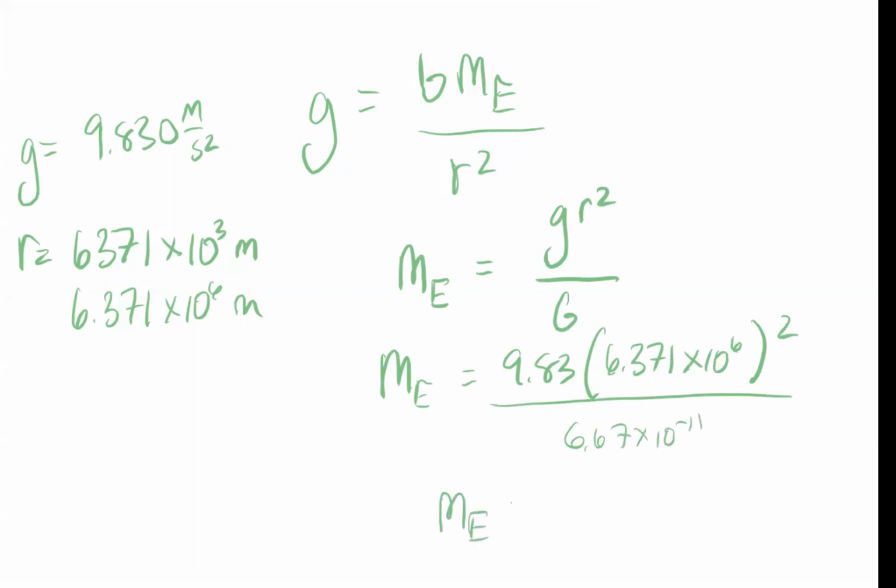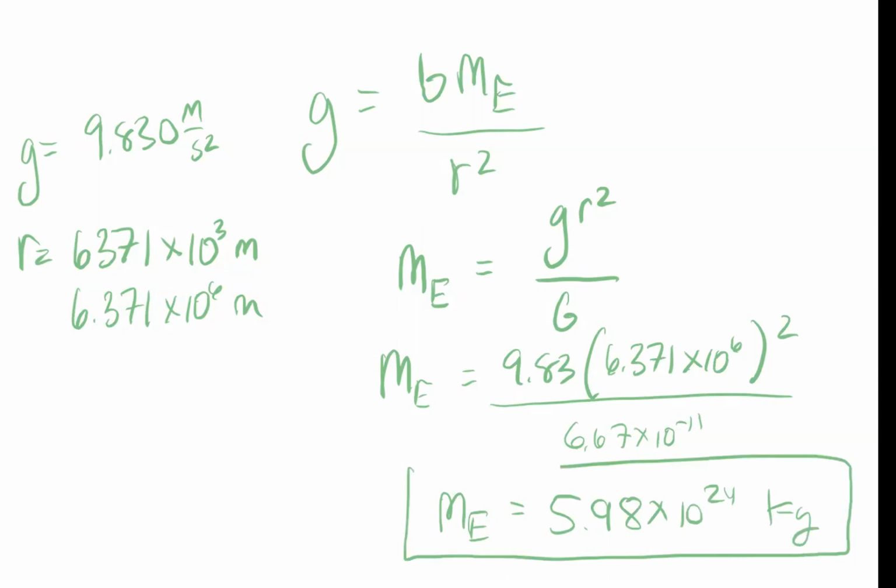And the mass of the Earth comes out to be, oh, it was close to what we think it is, 5.98 times 10 to the 24th. So we did good with our data. Does anybody have any questions there? All right, next question.